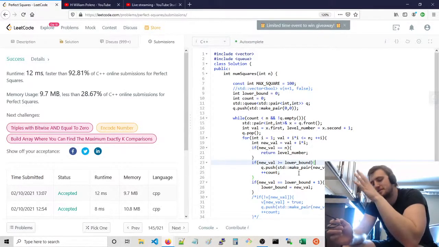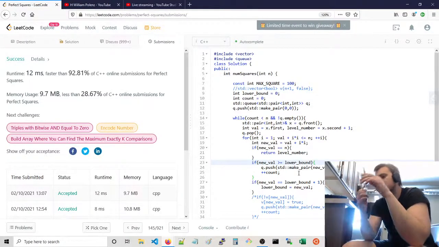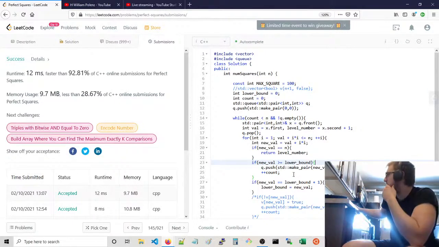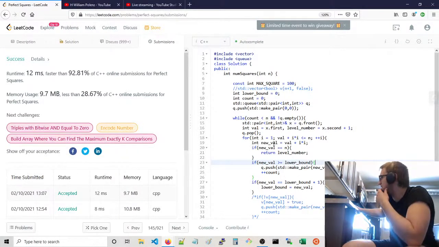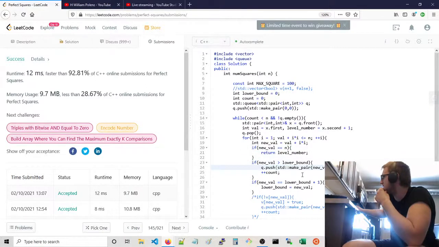Well, I'm thinking at least we can keep a smallest number that we've seen already that starts off at 0, and if this new value is greater than that, then we're going to push this new level number onto the queue and increment the count.